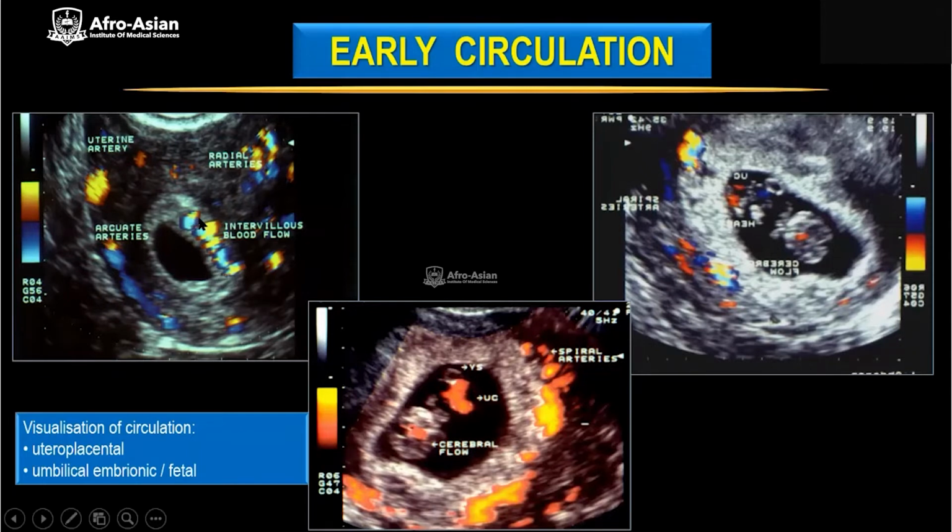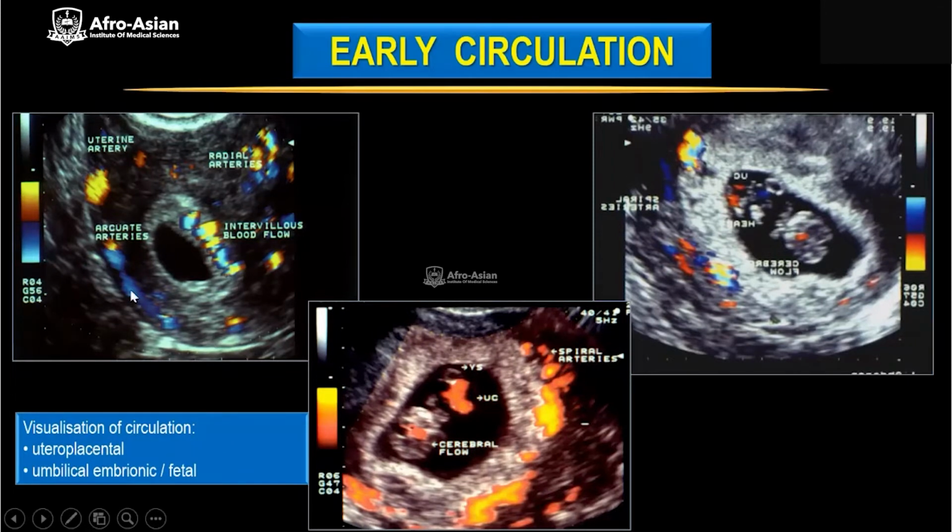The area having more flow is usually believed to be the area where the center of the placenta will be formed. So it is the intervillous blood flow, this area.